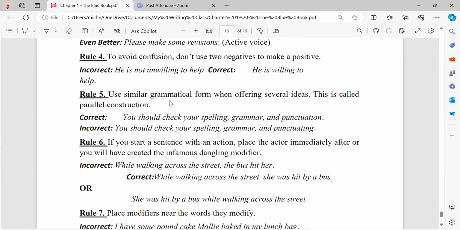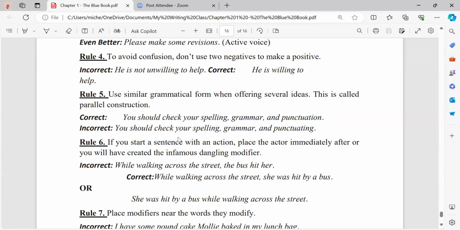So this is a parallel sentence, meaning that the form needs to be equal for everything right here. So we have spelling, grammar, and punctuation. All of the three right here are parallel, meaning that they have similar grammatical form.